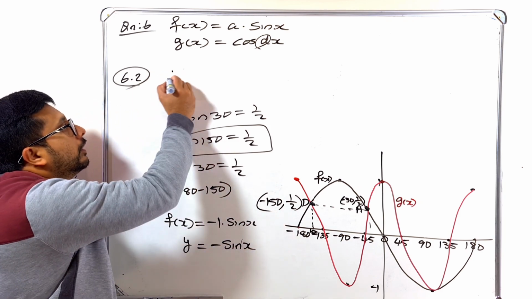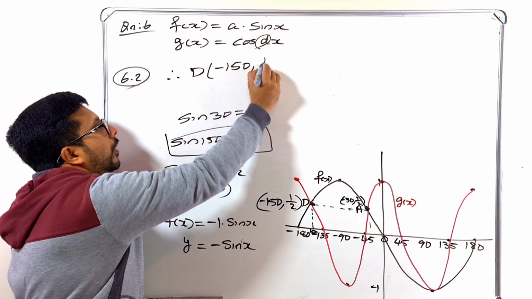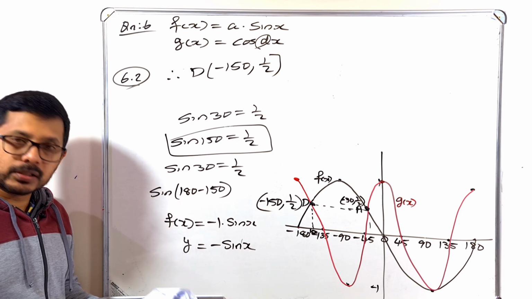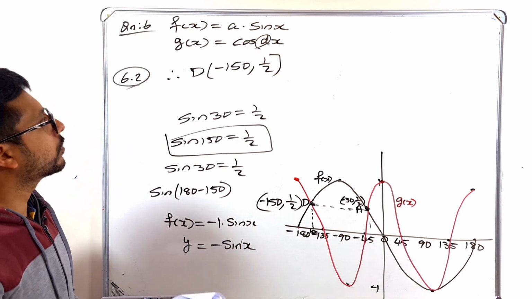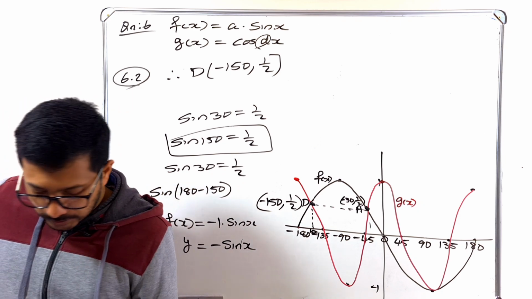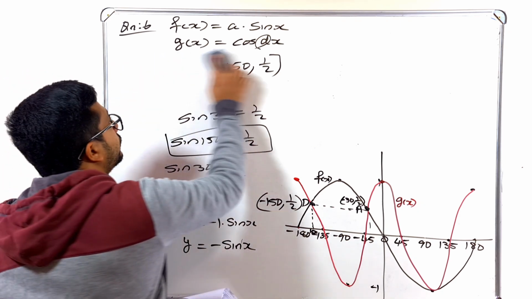Therefore the coordinates of D is minus 150 comma half. That's the answer. How many marks? Only 1 mark. So that is question number 6.2. Now let's move to the next question, 6.3.